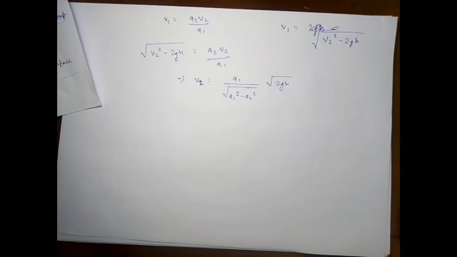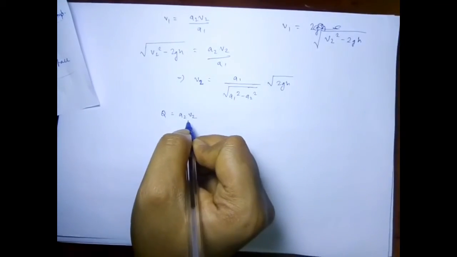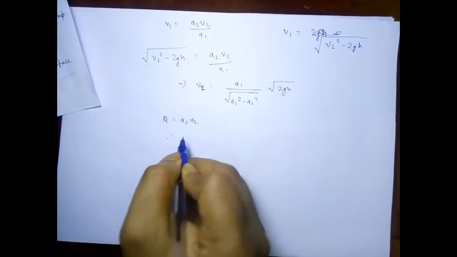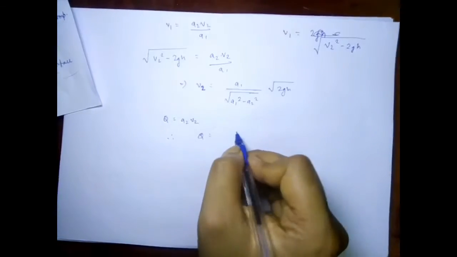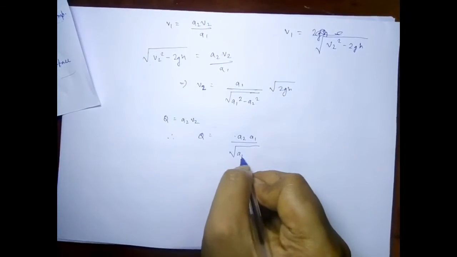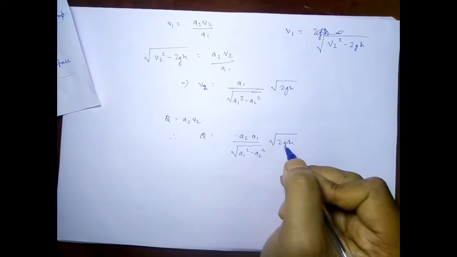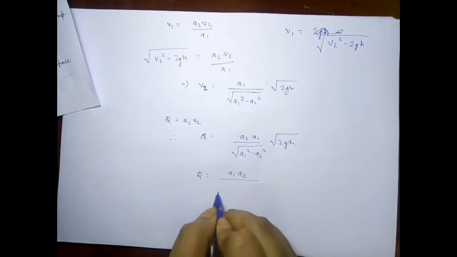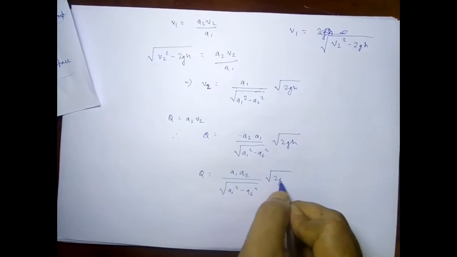So now the rate of fluid discharge will be given by Q is equal to A2 V2 as per the continuity equation, and therefore I can write Q is equal to A2 times A1 upon square root of A1 square minus A2 square times root 2GH, or I can simply arrange this as A1 A2 upon square root of A1 square minus A2 square times root 2GH.